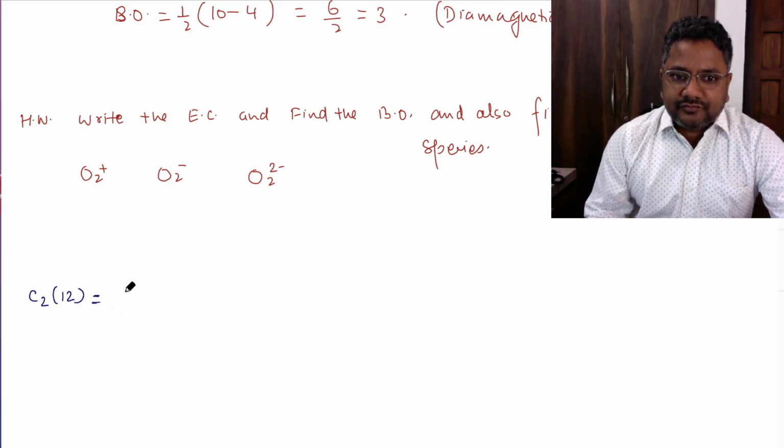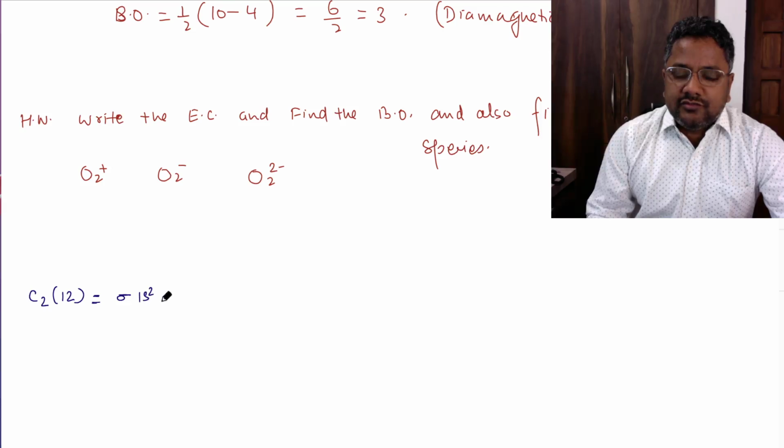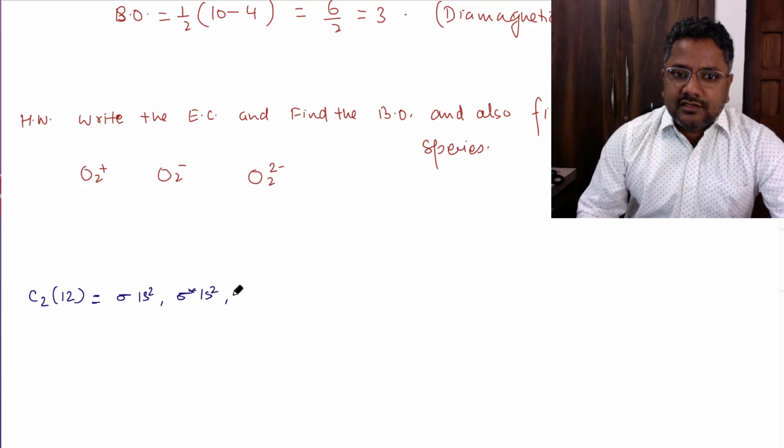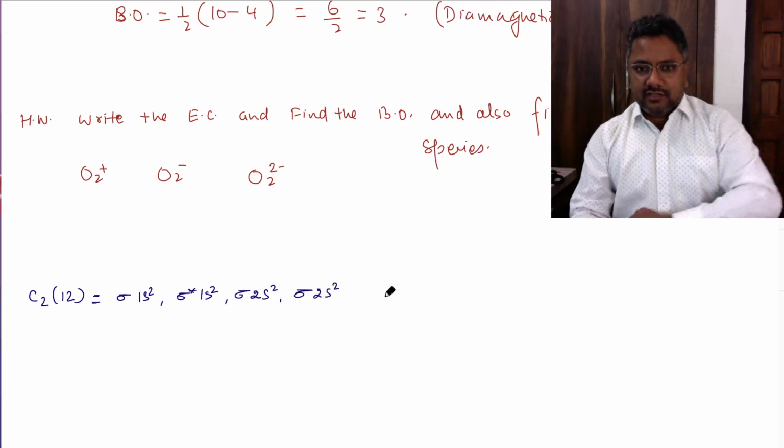So sigma 1s2, sigma star 1s2, after that sigma 2s2, sigma star 2s2, right?